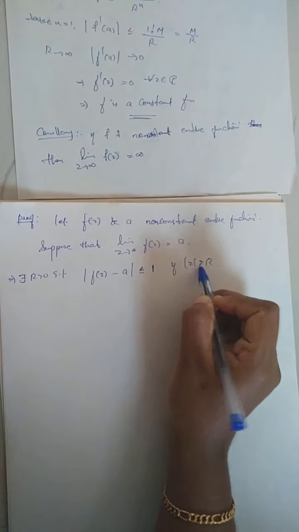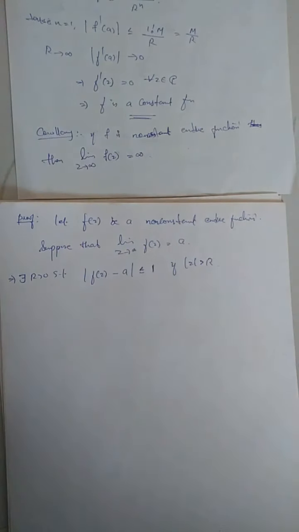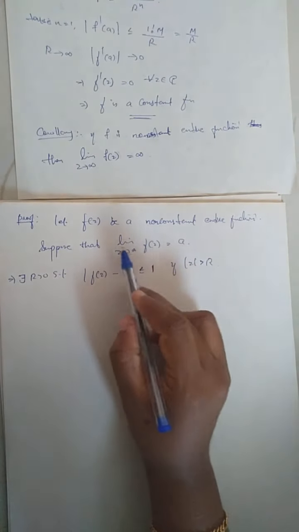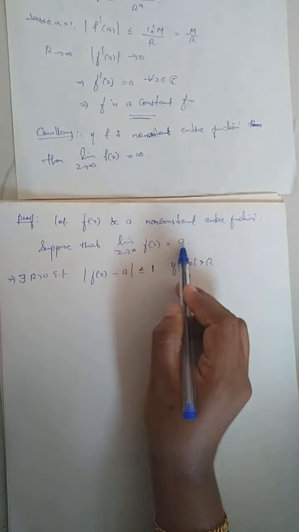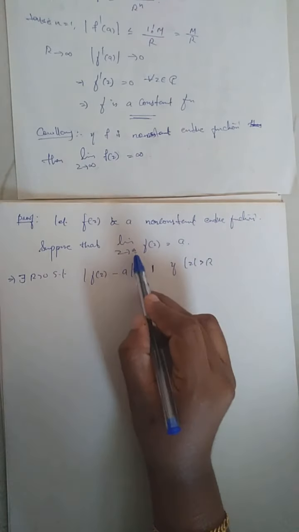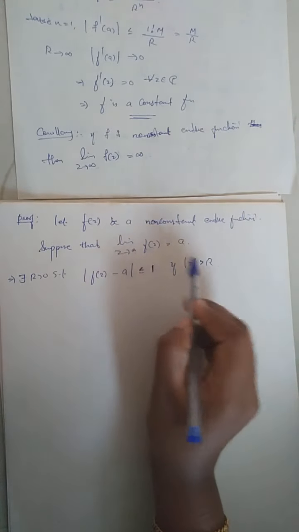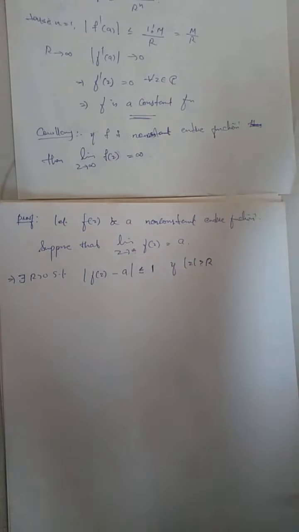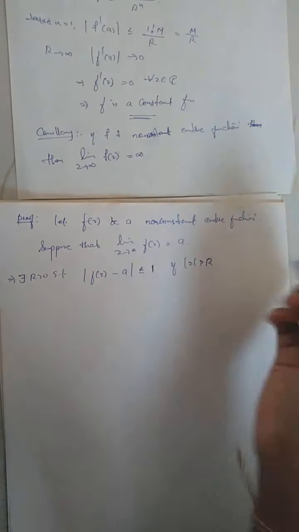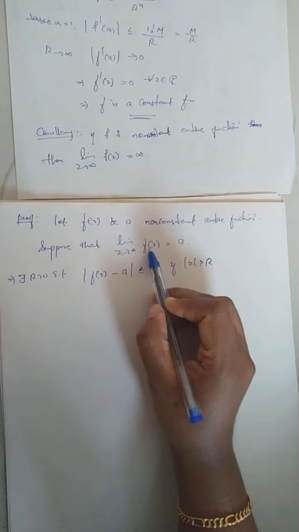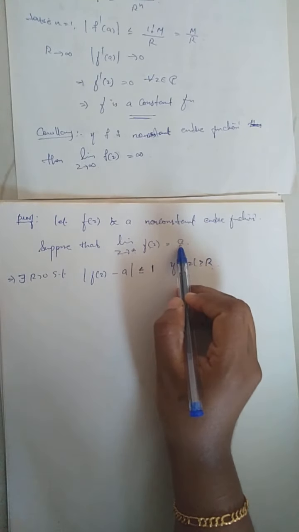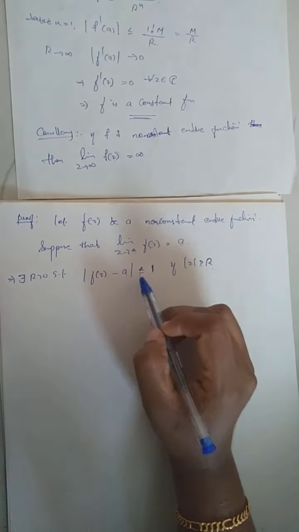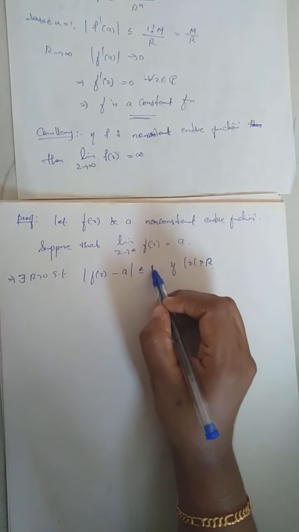Limit z tends to infinity f(z) equal to a means when z is large, that is mod z is greater than some particular R, then the distance between f(z) and a is very small, so that we can consider the distance to be less than or equal to some epsilon. That epsilon is taken as 1.